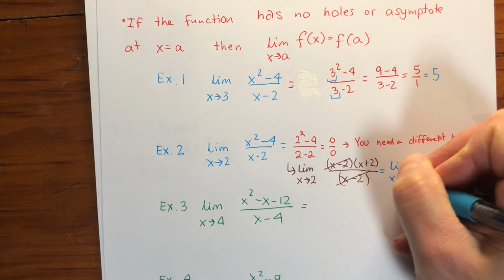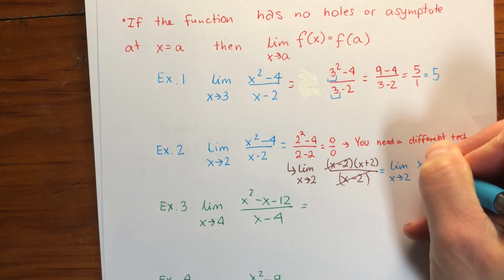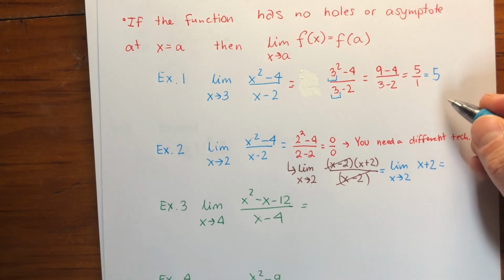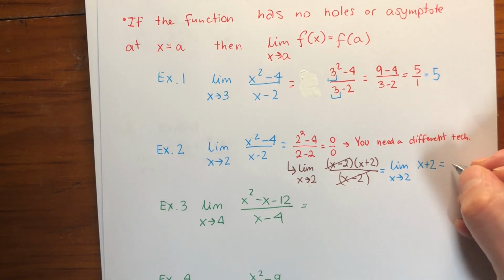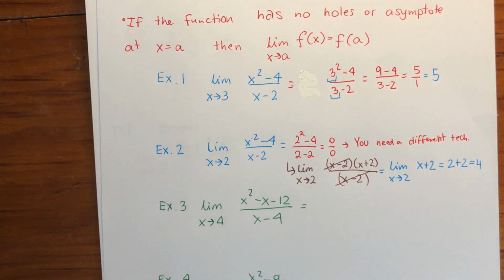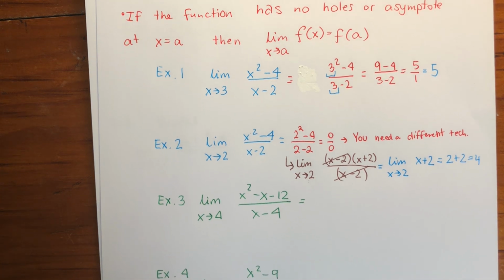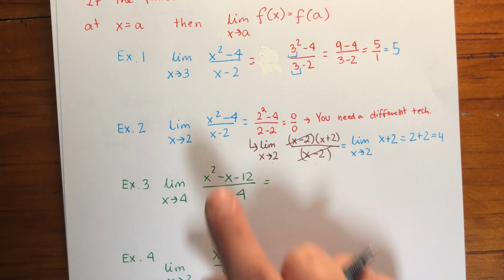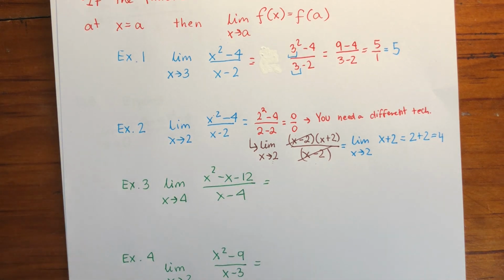So now I am just going to rewrite this one more time. Limit as x goes to 2. Now I am only looking for x plus 2. And I can do exactly what I did in the first example, where I am plugging 2 in place of x. 2 plus 2, limit is equivalent to 4. I want you to think about this for a second. Think about how it looks graphically. This is a beautiful function that looks like a rational function.